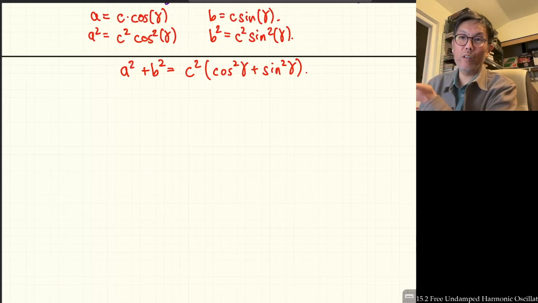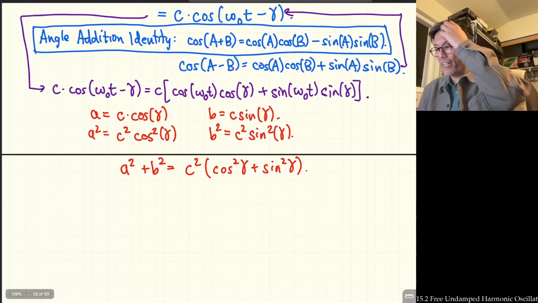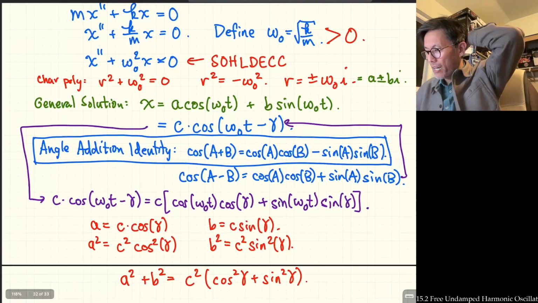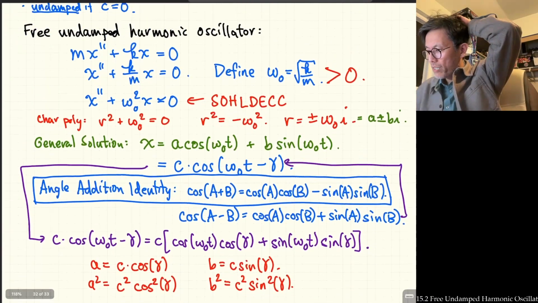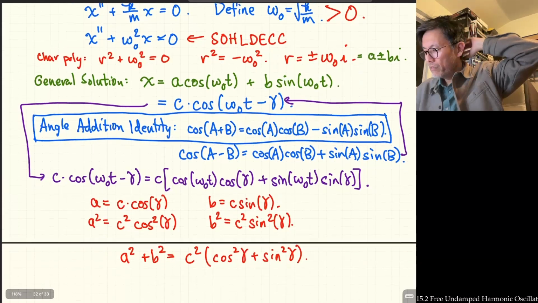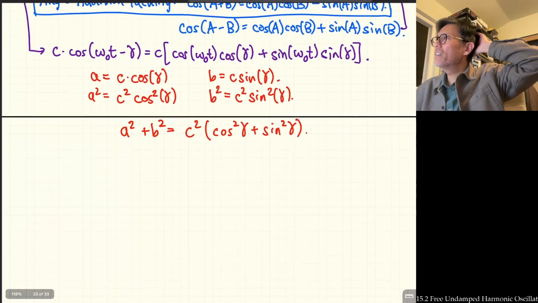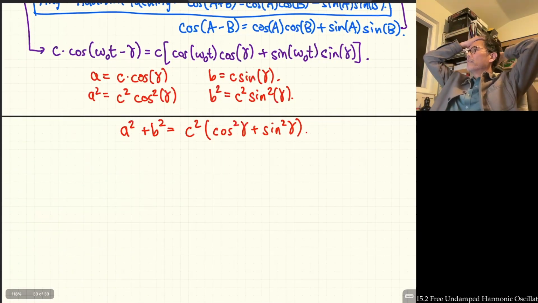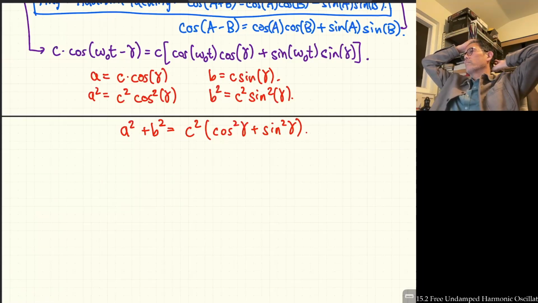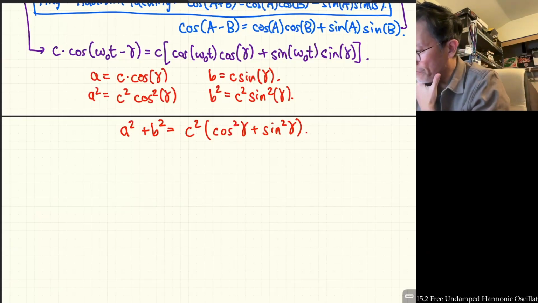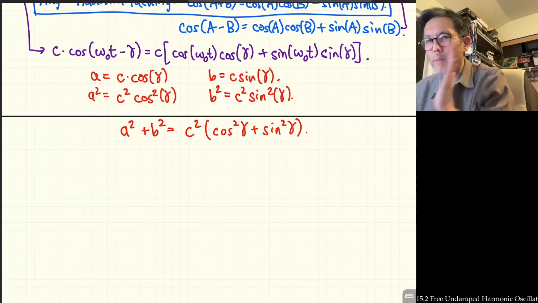Then I can take the square root of both sides, remembering that everything in sight here is... C squared is A squared plus B squared. Maybe I'll just leave it like that.